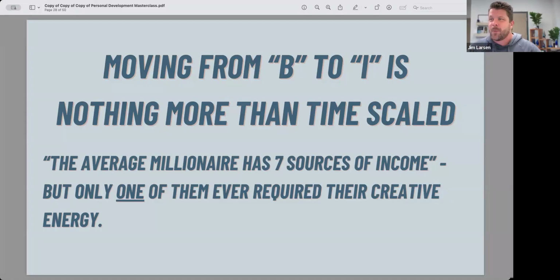I come from the MLM world, and I can't tell you how many of the MLM people I see leveraging the average millionaire has 7 sources of income and then marketing it as if you should have 7 side hustles. That is dumb. Don't have 7 side hustles. Nobody makes money spreading themselves thin among multiple things.